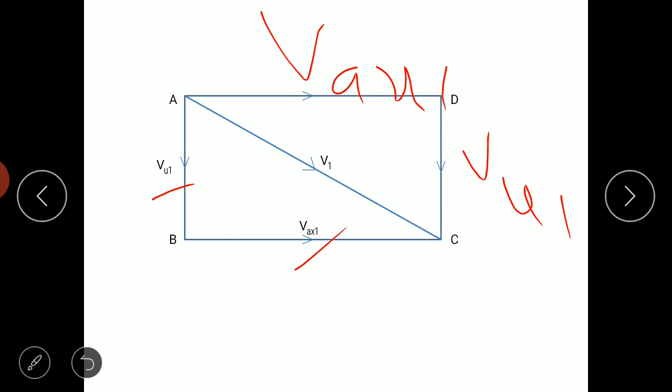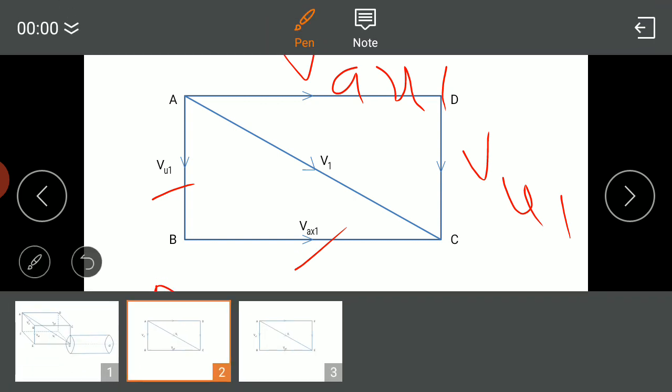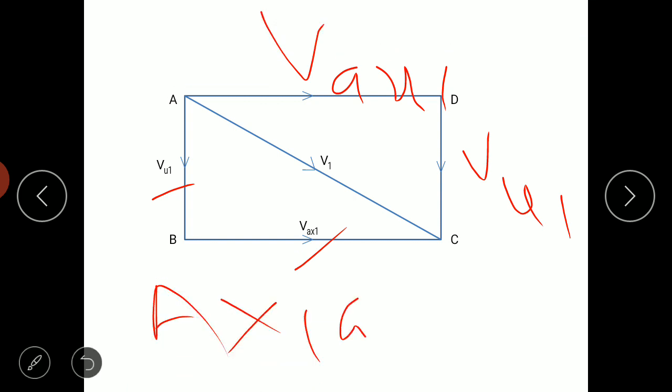Now what is the difference? There we have taken the case of a general velocity triangle, but here it is not a general velocity triangle. It is the case of an axial turbo machine. Now how will we identify that it is an axial turbo machine?